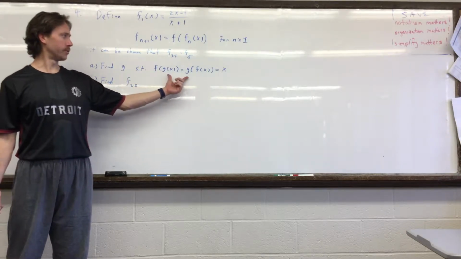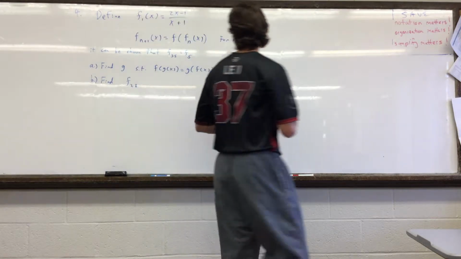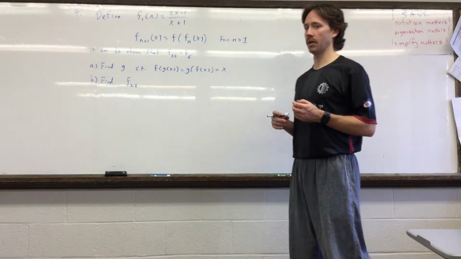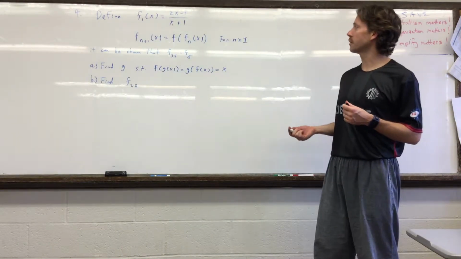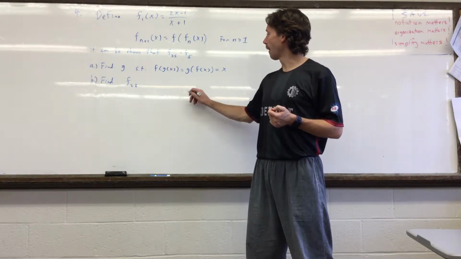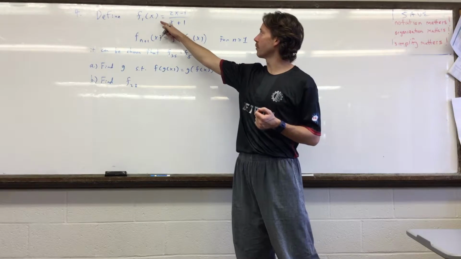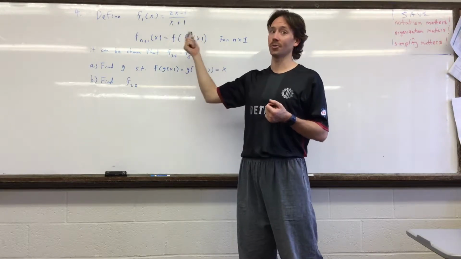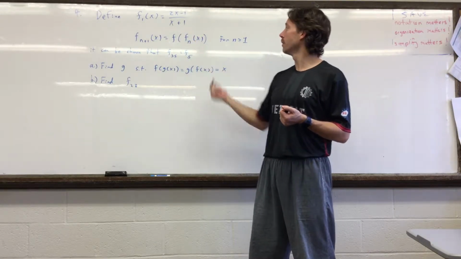All right, so let's do this one first, the inverse function. There's at least two good ways to find the inverse function. One way that you're probably familiar with is write down y equals f of x and then switch the x and y and solve for y.